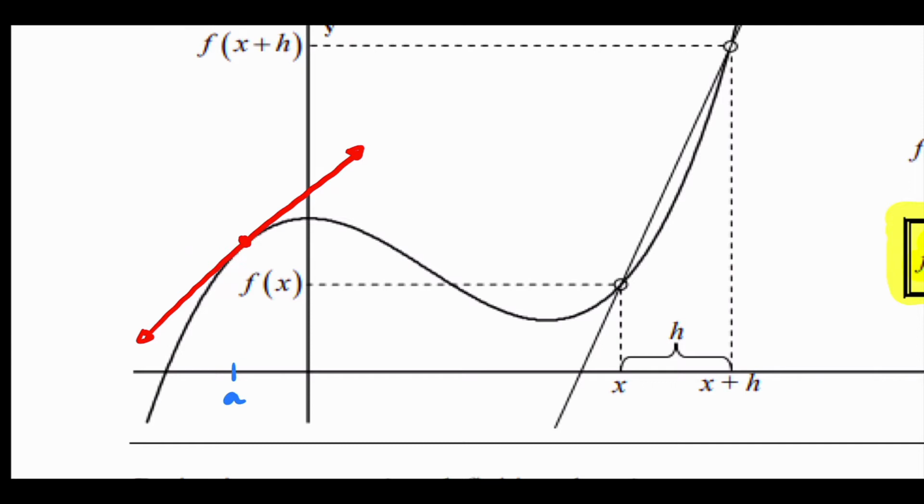What is f of x doing at that point? So we know the red line's increasing, right? It's going up. But what is f of x doing at that point? It starts to decrease a little bit, but is it going up or is it going down at this point here?